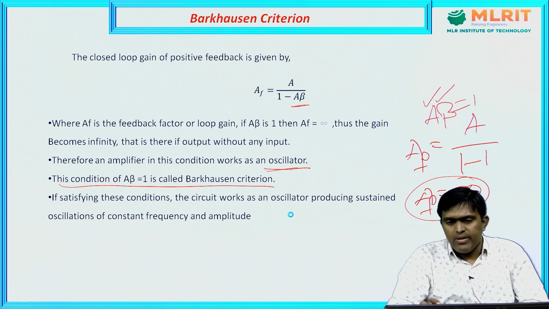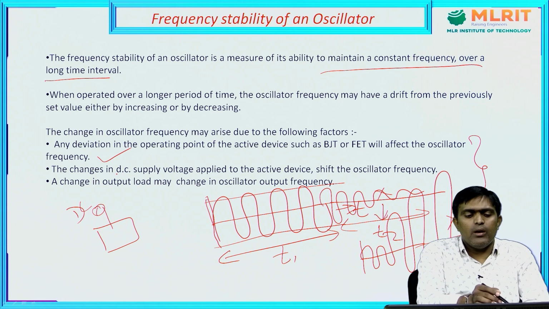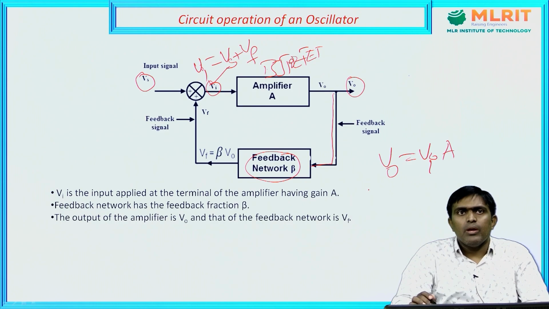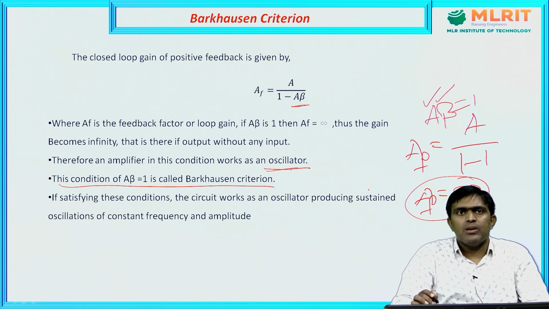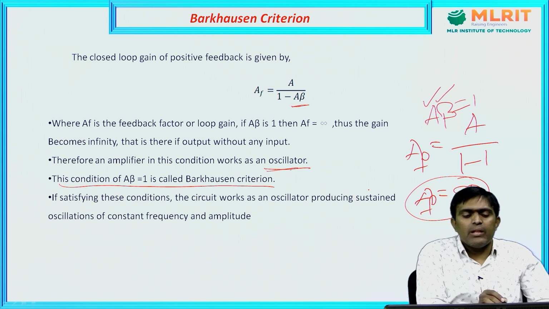In the previous slides, we have seen that due to variation of the operating point, change in DC supply, or change in the output load, there will be a frequency drift. In order to overcome this, what condition do we want to maintain? The product A beta should be equal to 1.